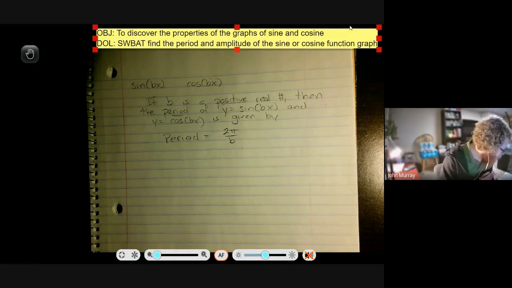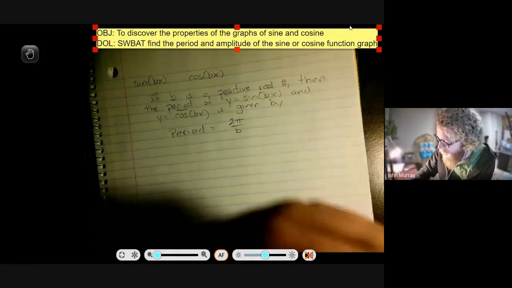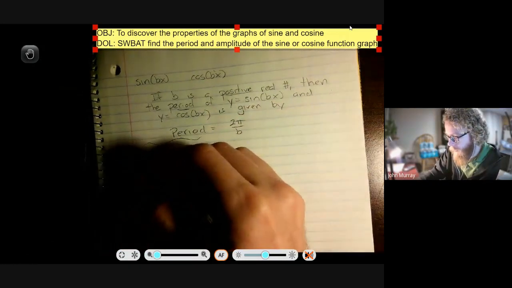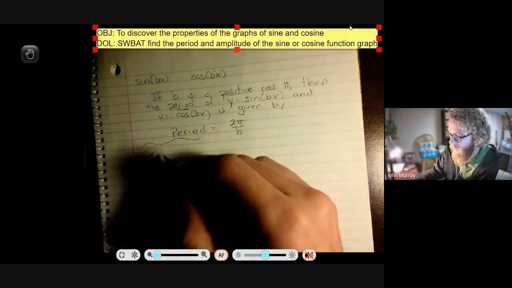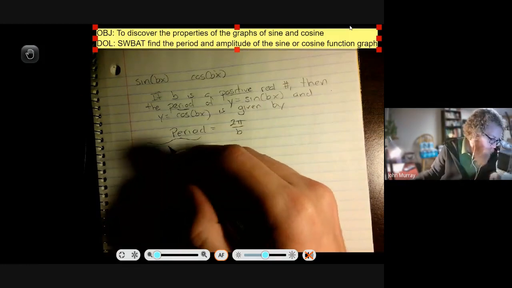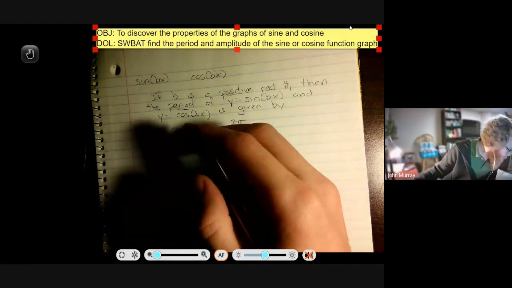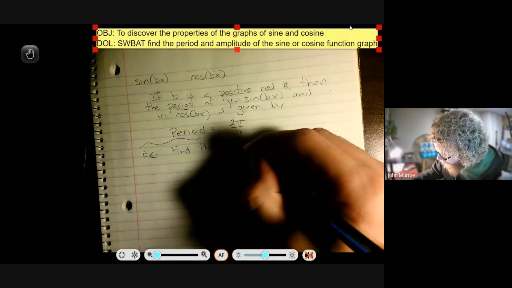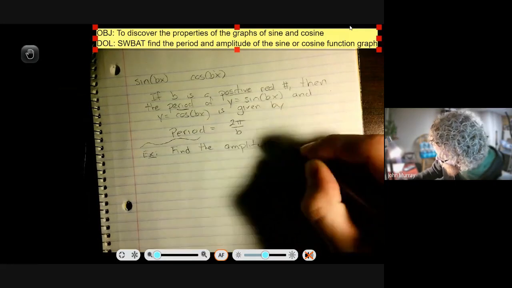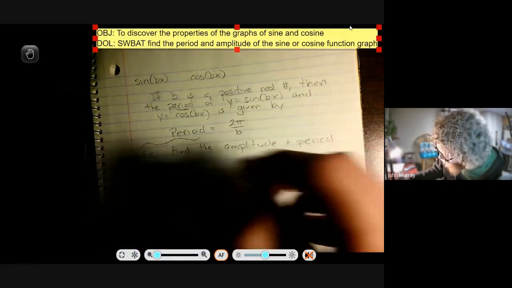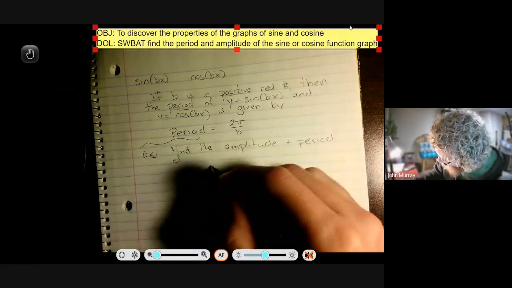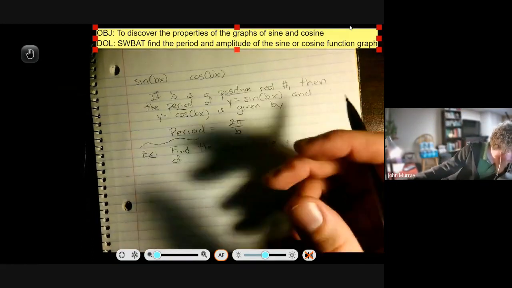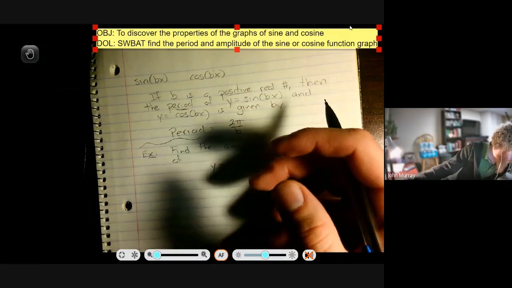So what I want you to do tonight, I'm going to give you a few functions, and I just want you to find the amplitude and the period. Let's go over one quick example. It's pretty straightforward, especially because the amplitude is so easy. You just literally look at a number. What's nice is it doesn't matter if it's the sine or cosine function.